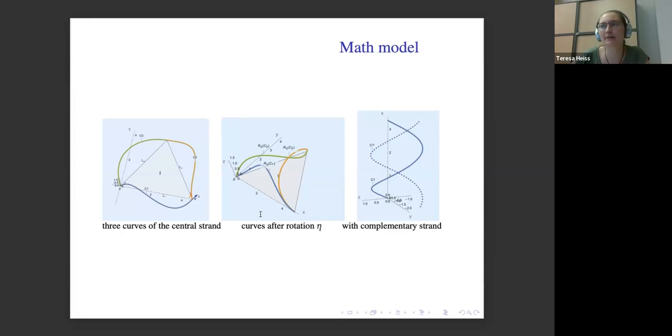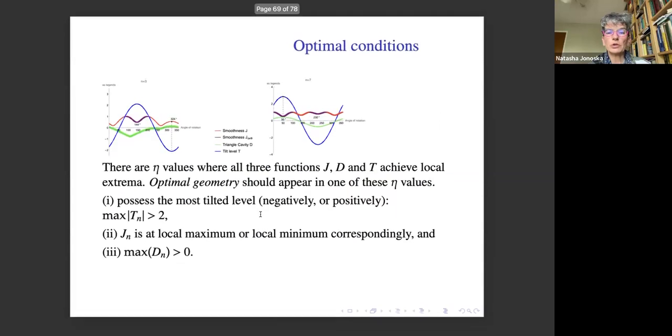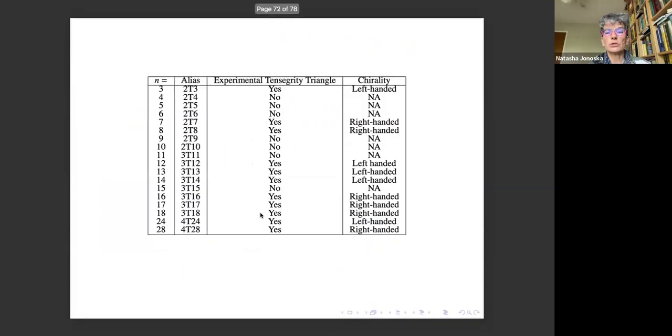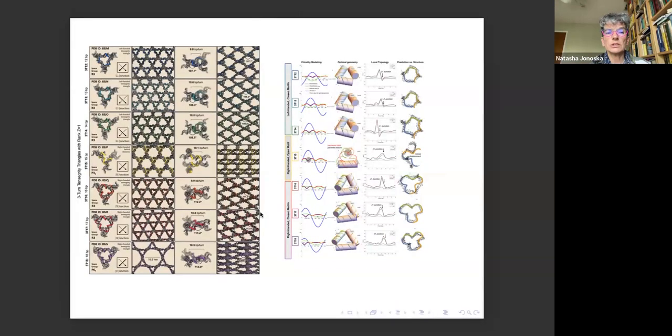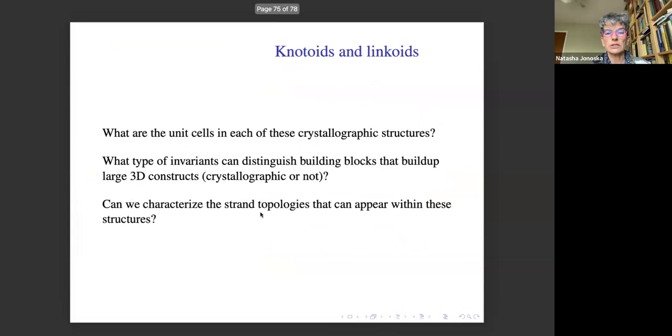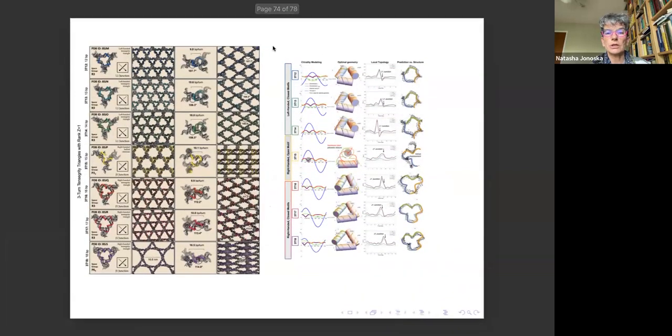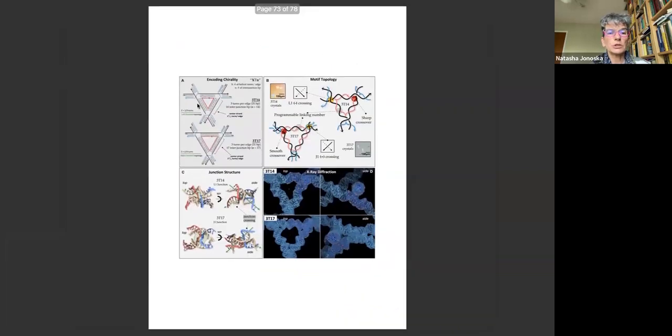Are the knots you mentioned in the last slides the same knots as from knot theory? Yeah, I'm talking about knotoids, right? All of these curves that I mentioned here are chopped.